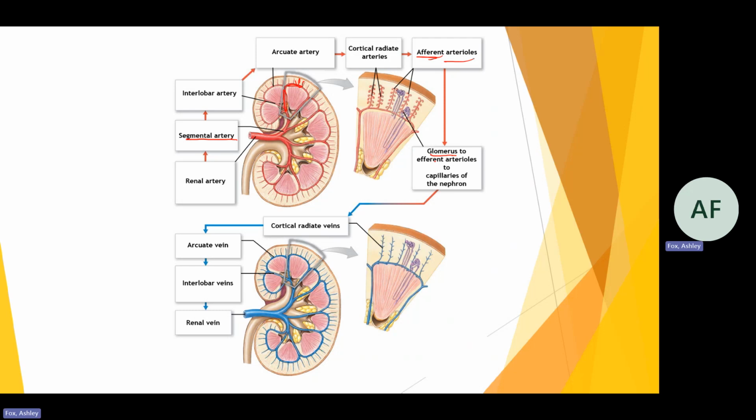And then we have efferent arterioles that are going to go to the capillaries of the nephron. Again, we'll go over those. And then it goes cortical radiate veins, arcuate, interlobar. We skip segmental in the vein section and go right to renal.